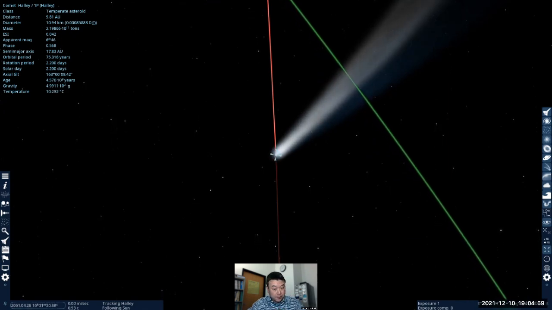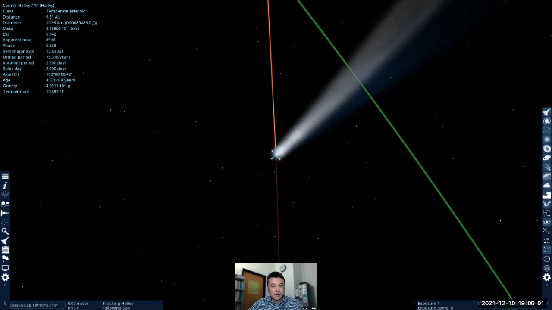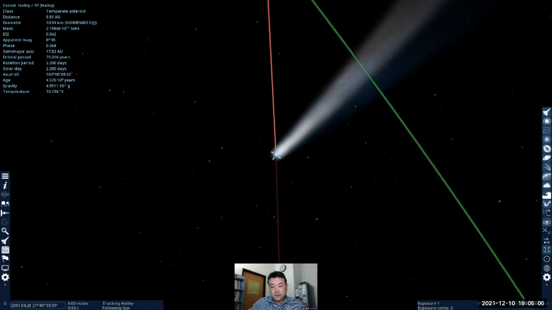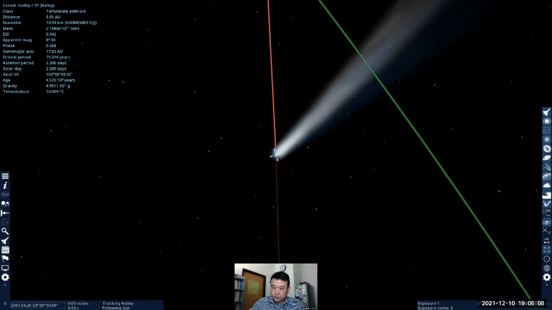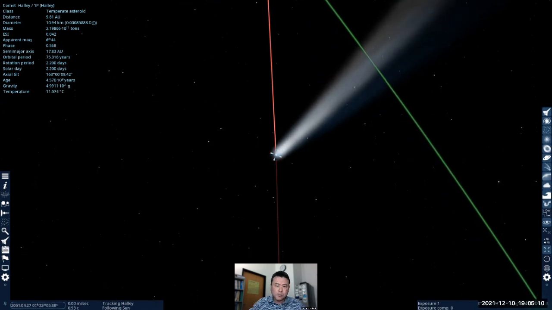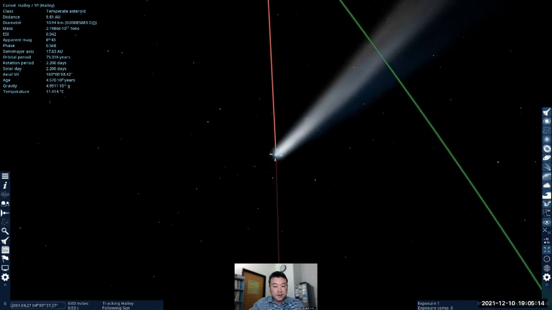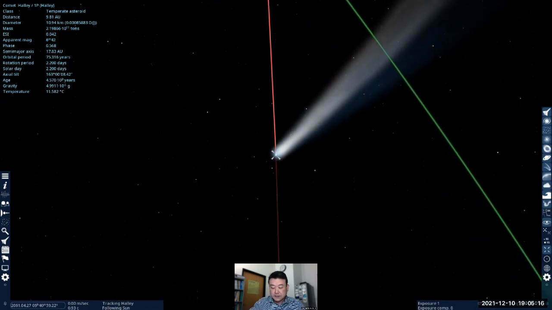The tail of the comet is not tracing the path of the comet. It points away from the sun, and it's beginning to develop two tails. I think the more volatile material points more directly away from the sun. This is the heavier dust.